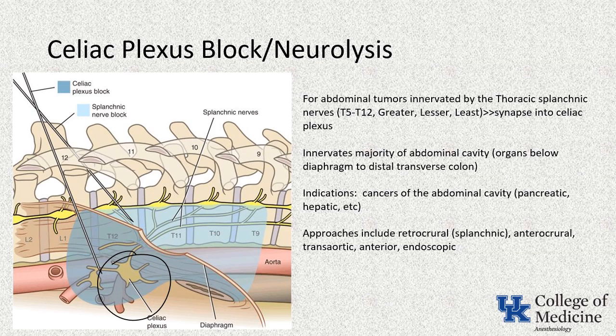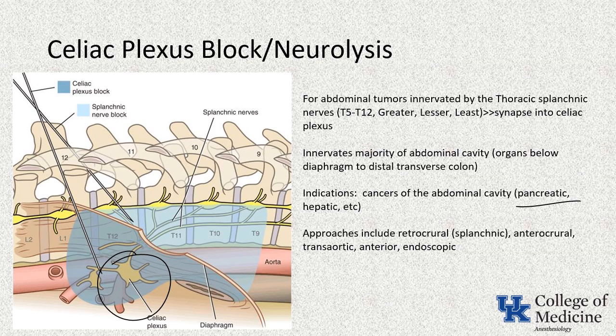These innervate the majority of the abdominal cavity, and the indications for this are cancers of the abdominal cavity, primarily pancreatic cancer. There's several different approaches to this procedure. So there's a retrocrural approach, which just means you're behind the diaphragm.